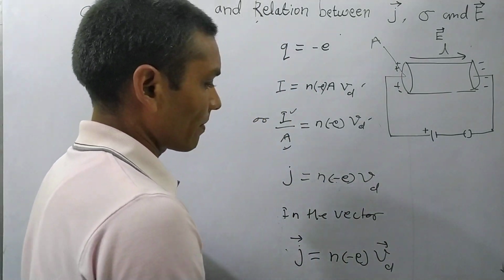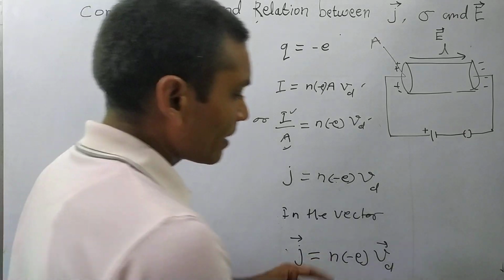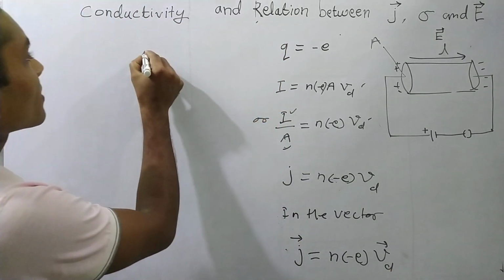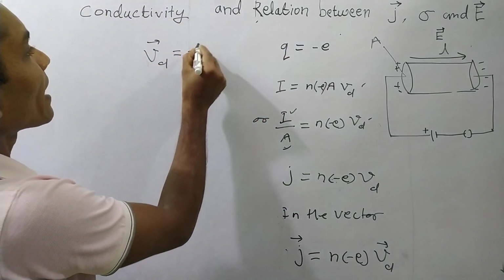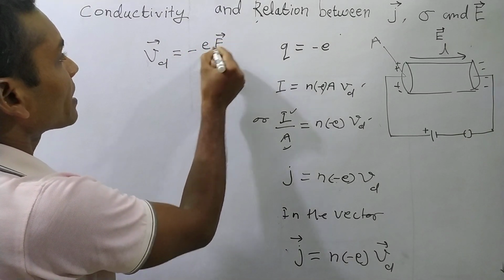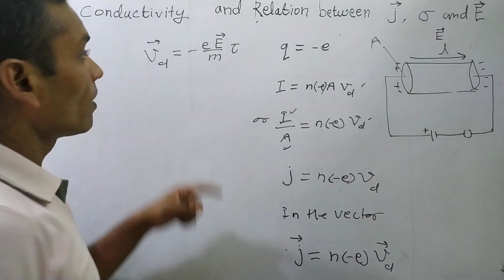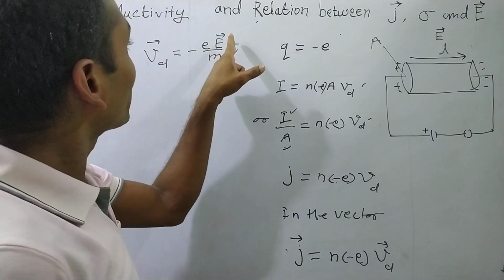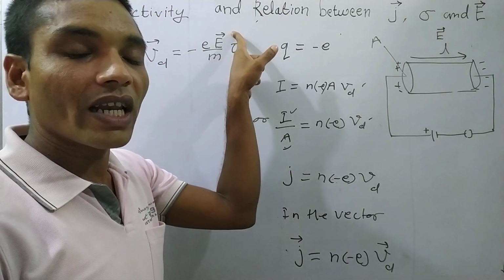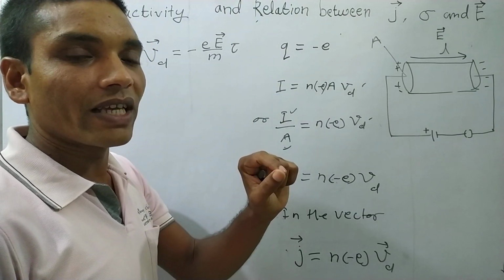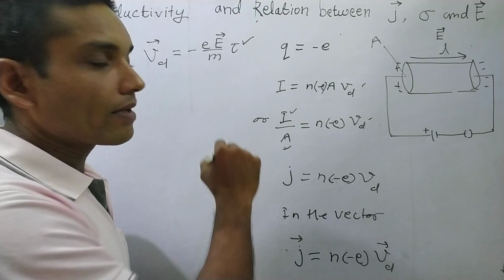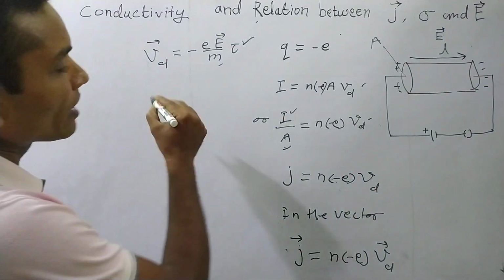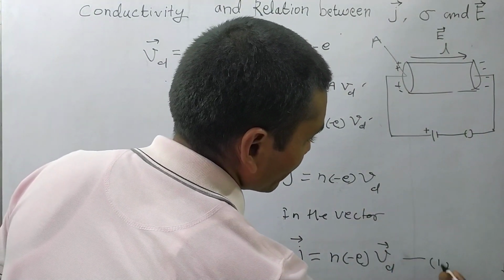Now we know the expression for the drift velocity: vector vd equal to minus e vector E upon m into tau, where small e is the charge of one electron, vector E is the intensity of the electric field, tau is the relaxation time, and m is the mass of one electron. Let this be the first equation.